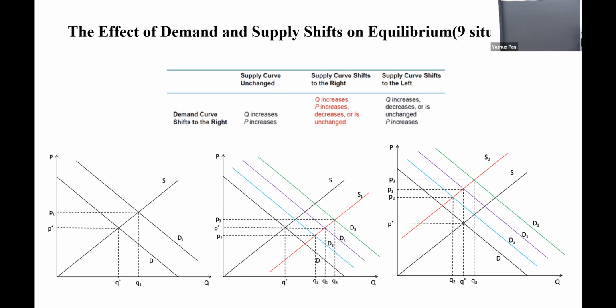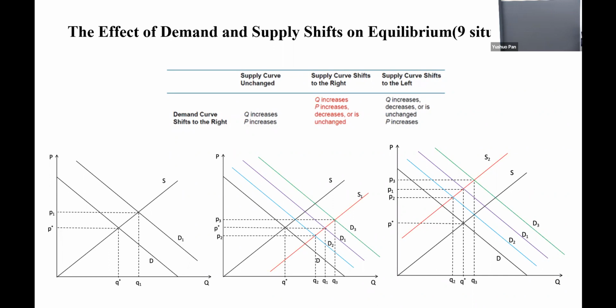Then the new equilibrium is this point. The previous equilibrium is here. So we can see the price doesn't change, right? The equilibrium price is still P star. But the equilibrium quantity changed from Q star to Q1. So quantity increased, but price doesn't change.